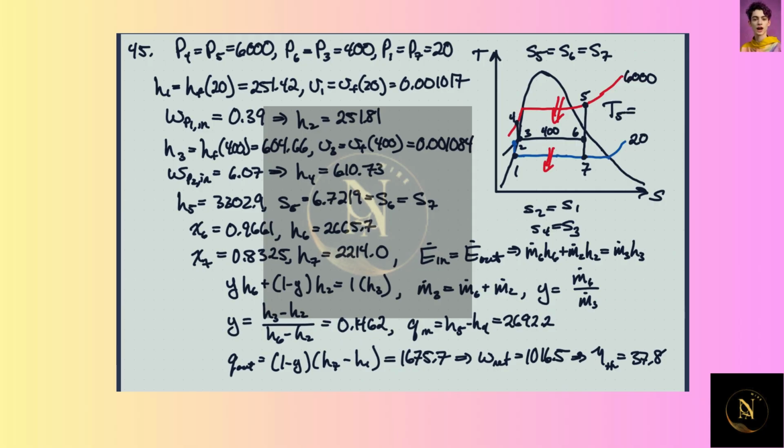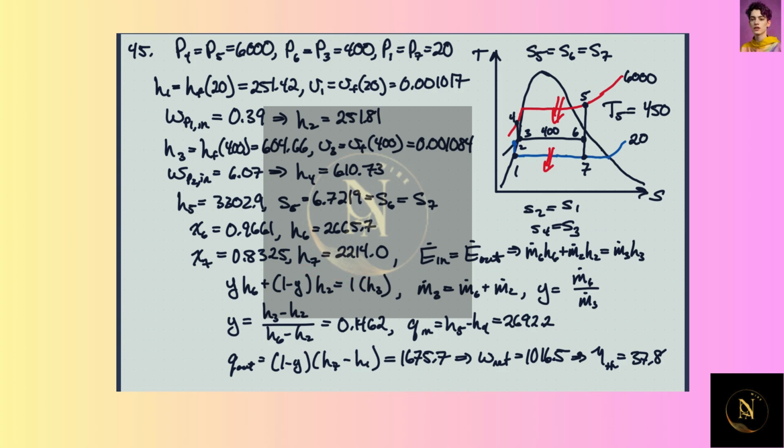T5 equals 450 degrees C. Okay, so we know temperature and we know pressure at 5, so we can get enthalpy and entropy. Entropy at 5 is the same as entropy at 6 and at 7. So we can then get the quality at 6, quality at 7, the enthalpy at 6, and the enthalpy at 7.